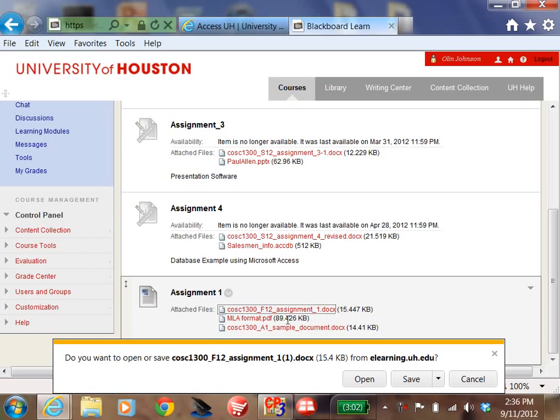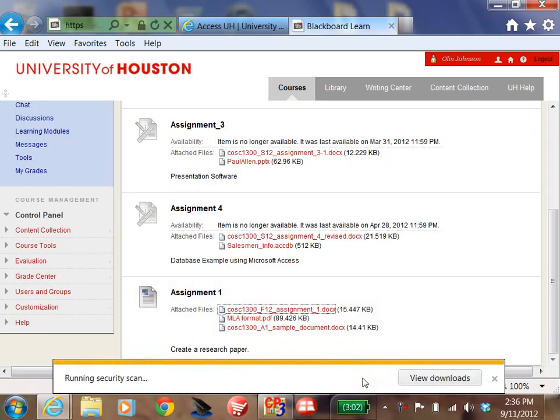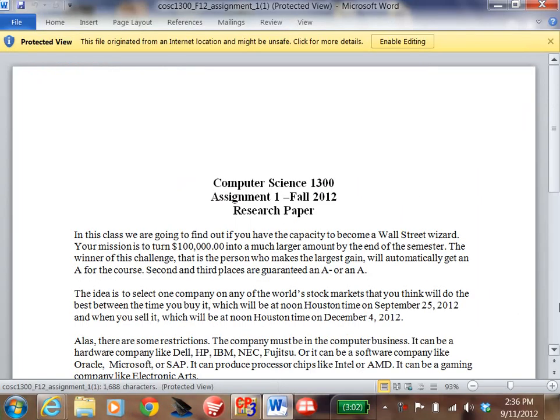So we'll click on the first one. It says Computer Science 1300 assignment 1 fall 2012 research paper. So this is your first assignment, to write a research paper, although it's a fairly short one.